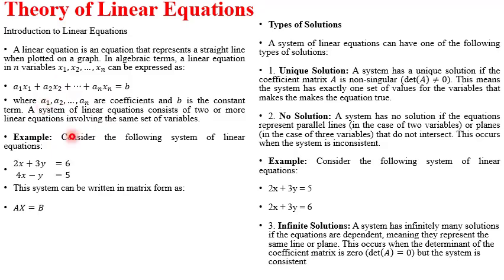All right, let's consider an example. Consider the following system of linear equations. We have two variables in this case, x and y, and of course it can be x1, x2, x3, x4, and so on and so forth. But for this system, we have just two variables, not 10 variables, not 3 variables or 4 variables as the case may be.